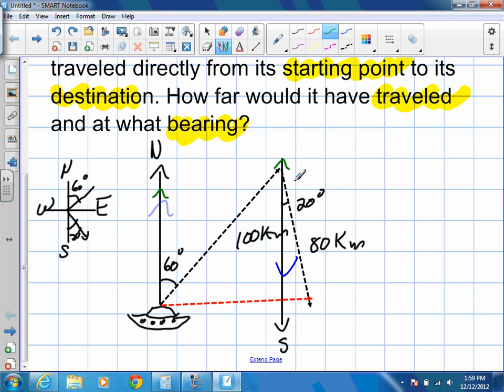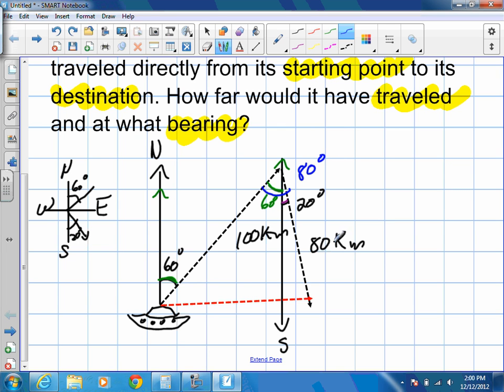North and south run on the same parallel axis. Which means, according to one of our patterns, that if this is 60 degrees, this part in here must be what? 60 degrees. Okay, great. If that's 60 degrees, and this angle here is 20 degrees, the entirety of this angle is what? 80. Good. So this is 80 degrees.